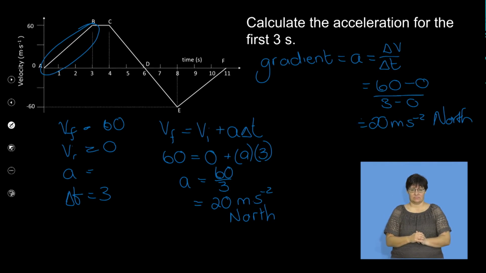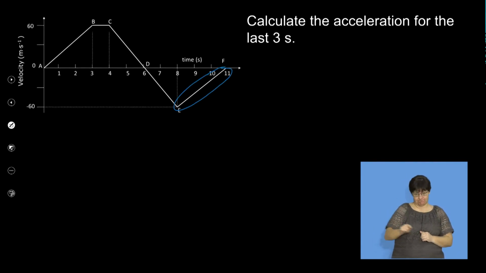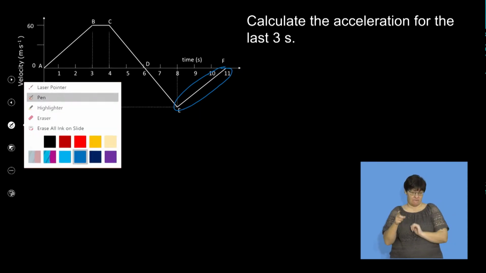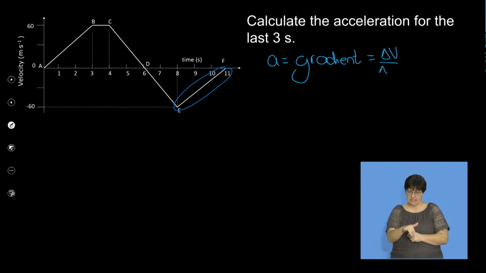Let's try one more just to check that we're doing it all right. Now they want the acceleration in the last 3 seconds. So that's this part. Okay. Last 3 seconds, again, we start on the graph. So let's say we know that acceleration is the gradient. And that's change in velocity over change in time. In this case, the final velocity was 0. Initial velocity was minus 60.